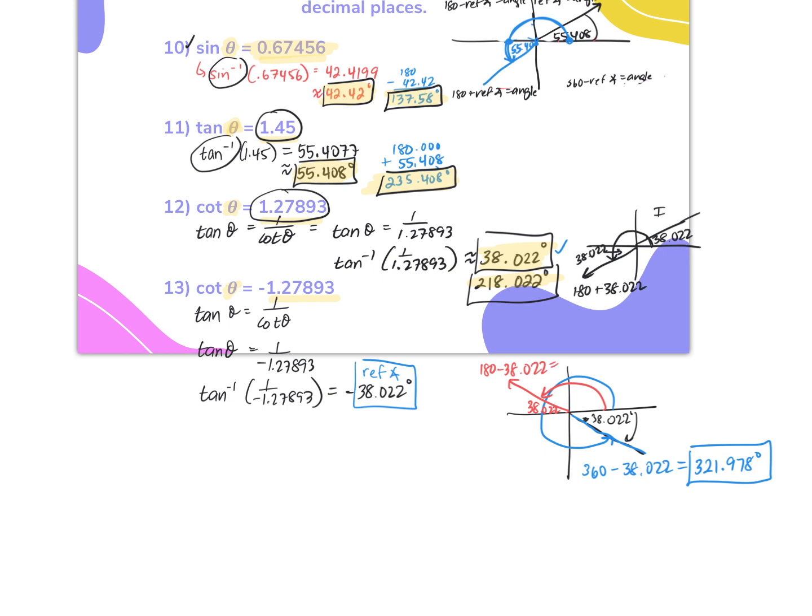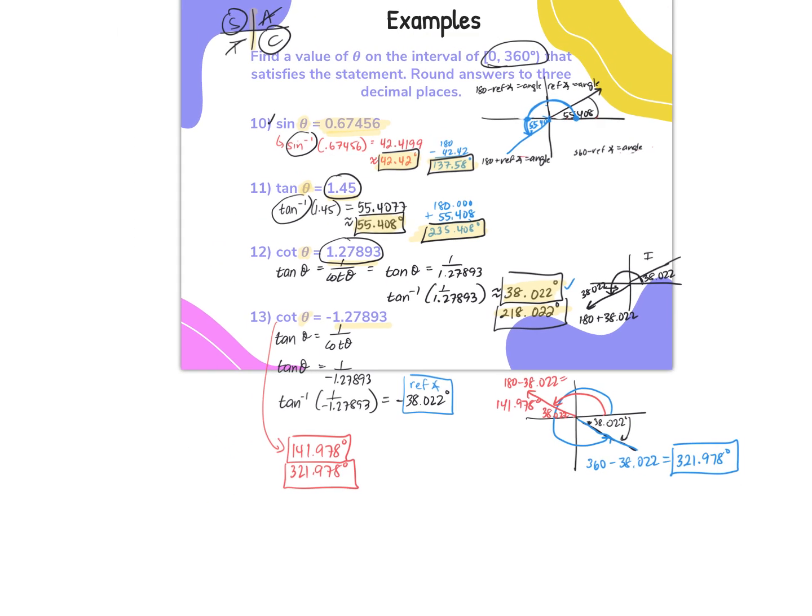So 180 minus 38.022 is going to be 141.978 degrees. So the answer for this one is 141.978 degrees and 321.978 degrees. This is in quadrant 2. This one's in quadrant 4, because those are the two quadrants that will give me a negative cotangent.